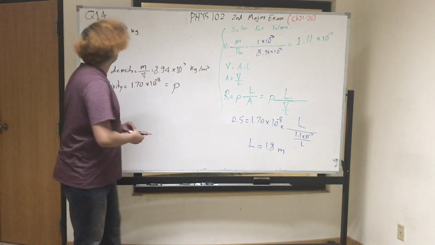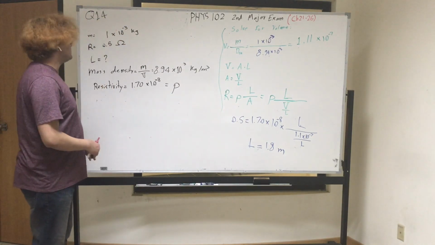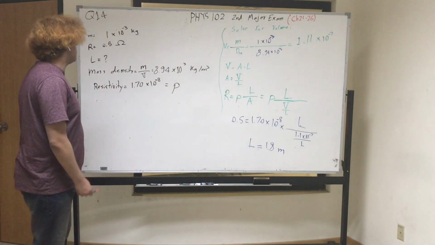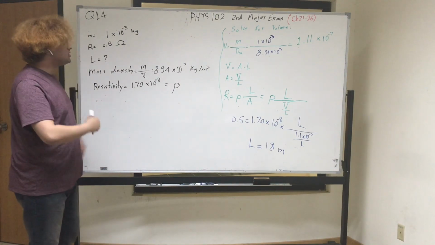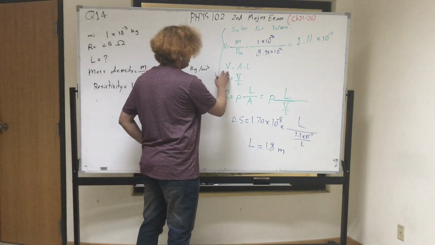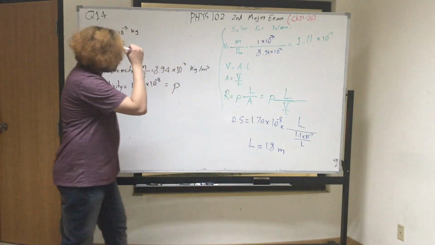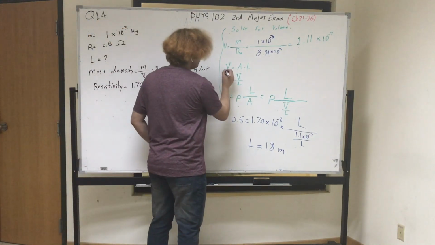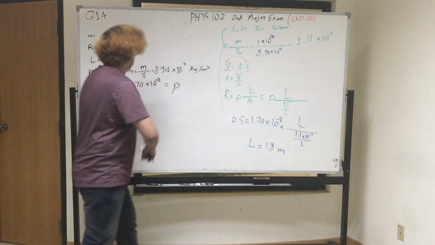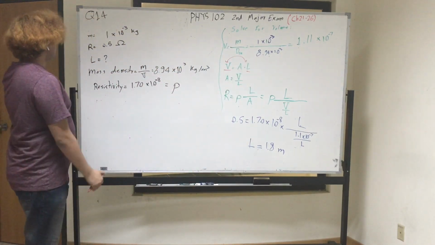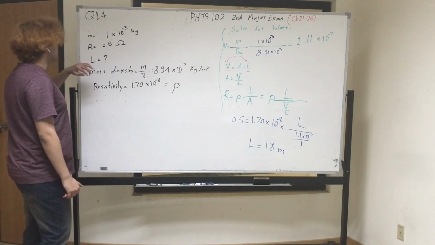Alright guys, for question number 14, it's a pretty straightforward plug-in question. But you have to understand the relationship between volume and area. We're given the mass of the wire.